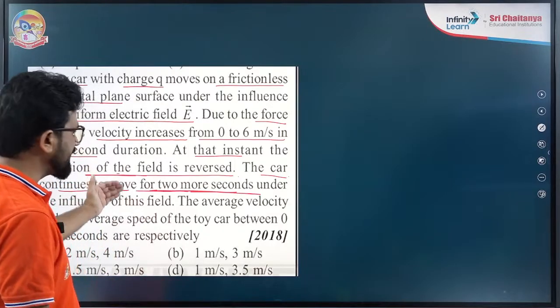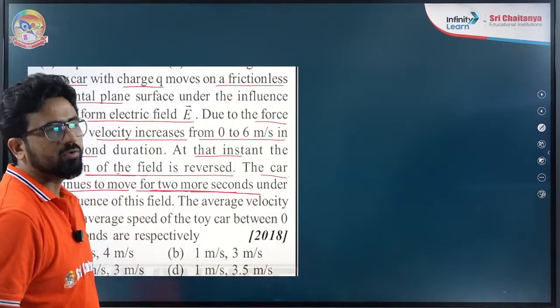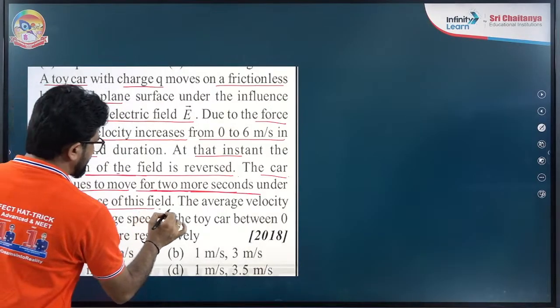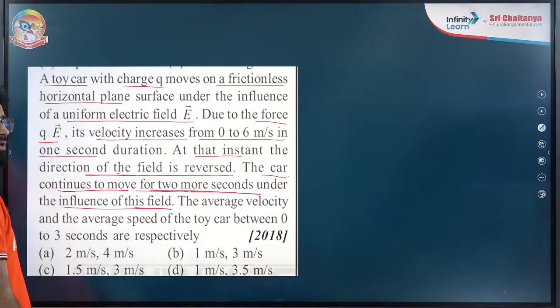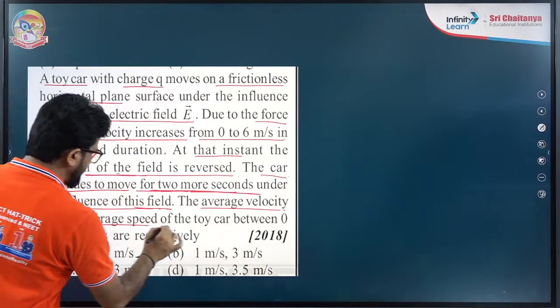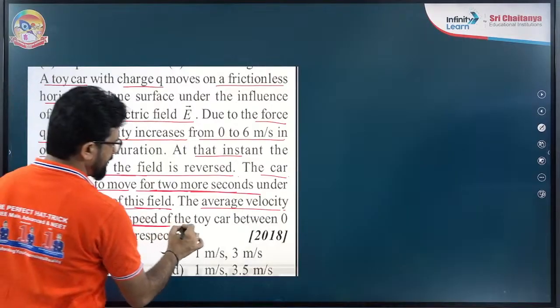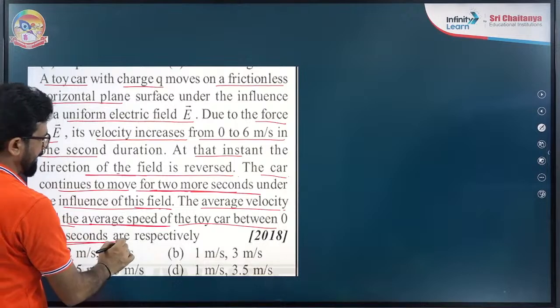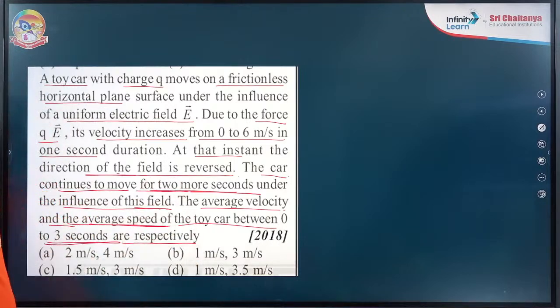Initially it moves for 1 second, then a further 2 seconds, total 3 seconds, beta. Under the influence of this field, the average velocity and average speed of the toy car between 0 to 3 seconds are respectively. We have to solve this question.